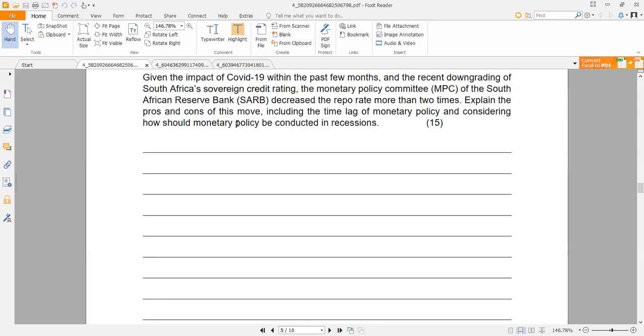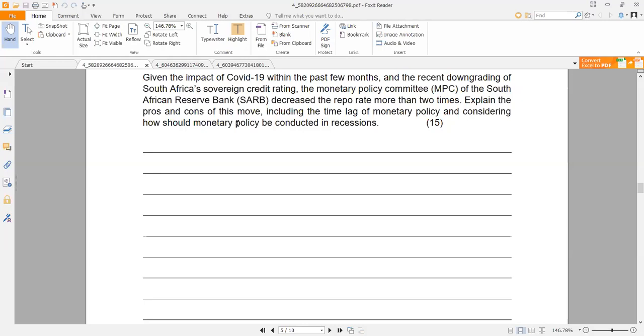Okay, we have different types of lags, isn't it? We have what we call the recognition lag, however, that lag is not going to be there because the central bank has already recognized that we have a problem of COVID-19, which will cause higher unemployment. So the recognition lag is not yet there.